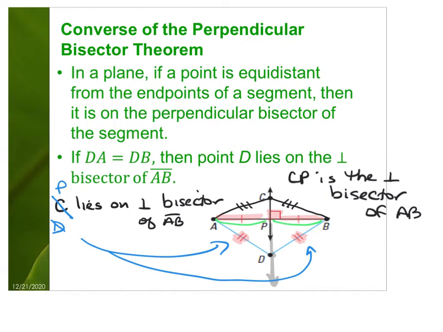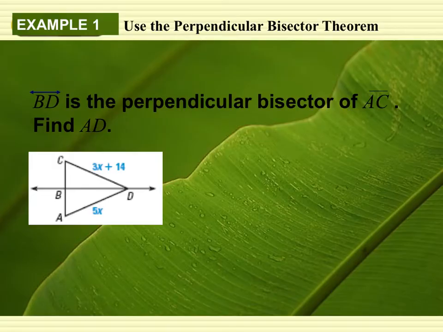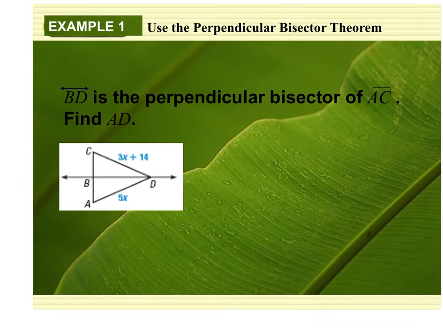So let's try the first example. I know it's kind of hard to see, but it's stating here in the black writing that BD is the perpendicular bisector of AC, and it wants me to find AD.